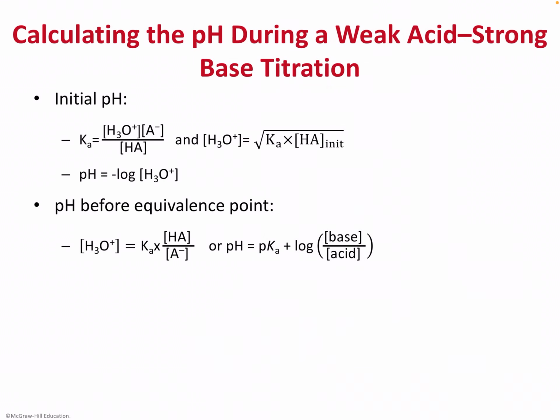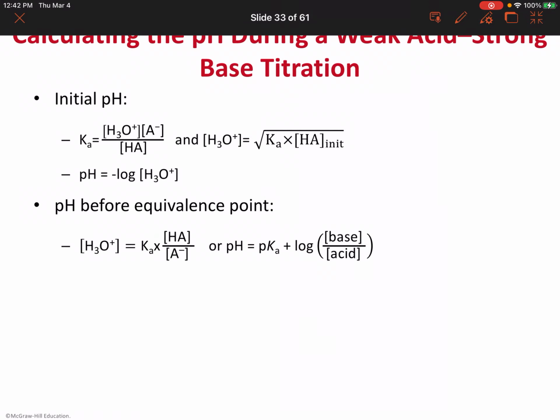Okay, let's see how we can calculate the pH during a weak acid strong base titration. How to calculate the initial pH, how to calculate the pH at the equivalence point, and how to calculate the pH after the equivalence point. So the initial pH will be given by the acid. Let's say you have HA plus water, it's going to give you hydronium ion H3O plus and A minus.